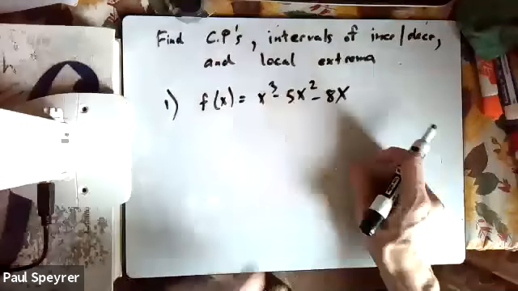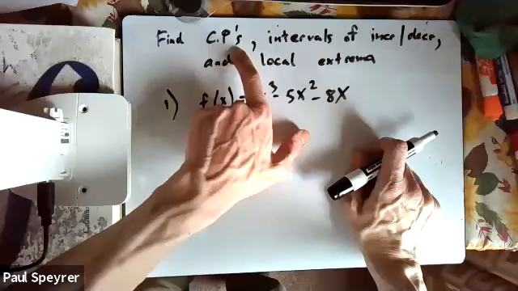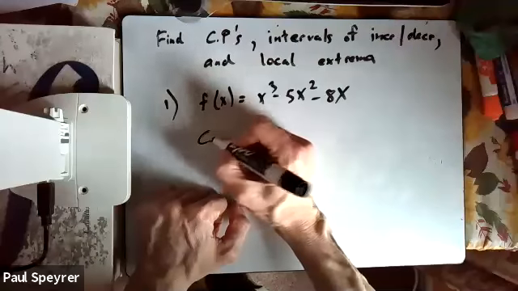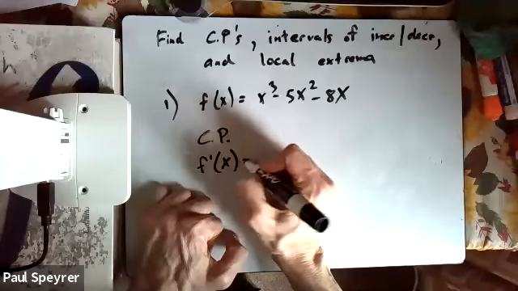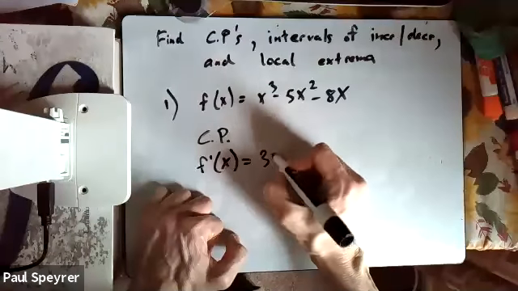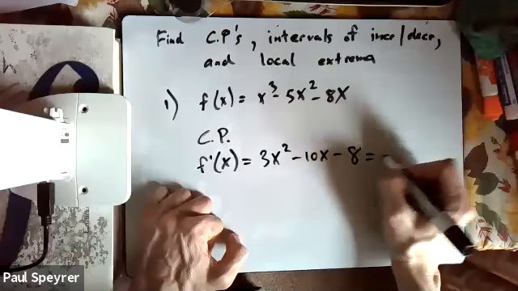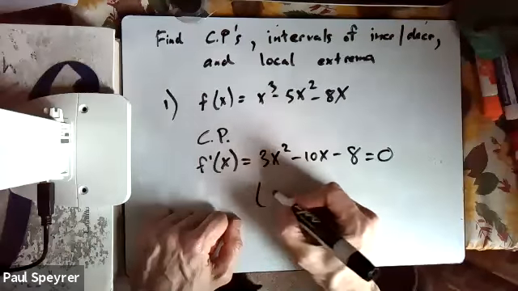So how do we find the critical points? That we did in 4.1, right? That was just to set the derivative to 0 and solve for x. So CP, right? We have to find f prime of x. What is that right here? That's 3x squared minus 10x minus 8. And then we set that to 0. Then how do you solve it?